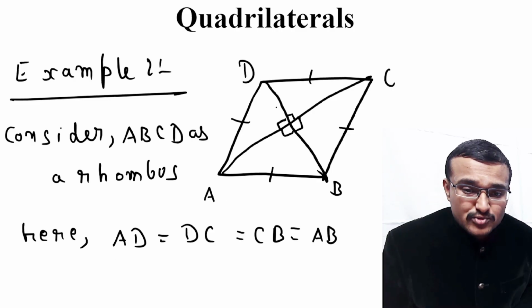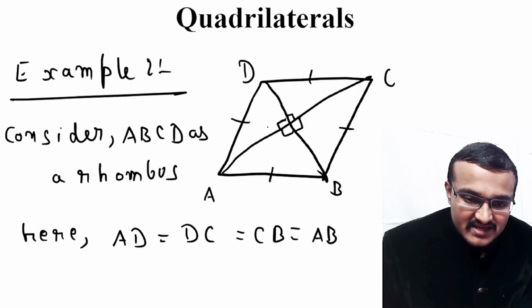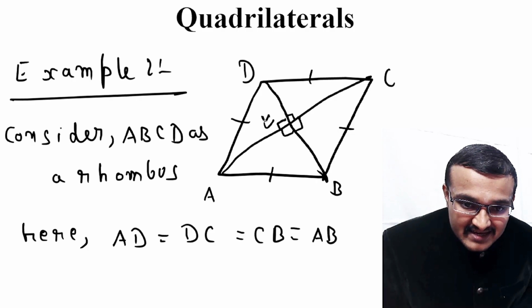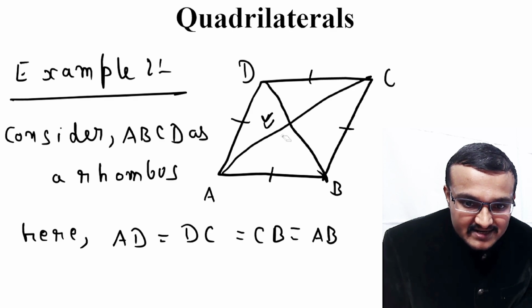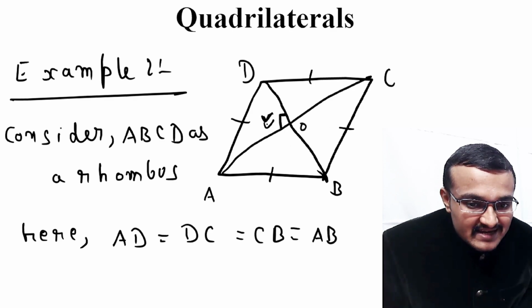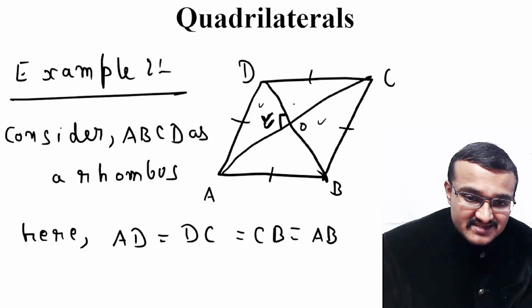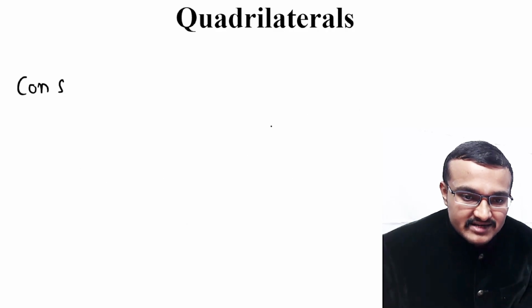Now, to prove that BD is perpendicular to AC, we need to prove that one of these angles is equal to 90 degrees, that is angle AOD. Let us call this center point O, and we need to prove that this particular angle is equal to 90 degrees. To prove that, we will consider triangle AOD and triangle DOC.